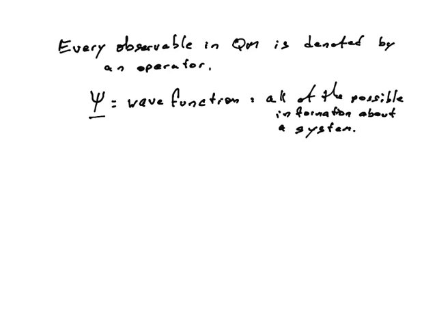If I want to know where is the electron, that is, what's its position, then I would take my position operator, I would act with that operator on the wave function, and doing this mathematically pulls out the information about the position. And so I would have some answer sitting there. I now know the position.